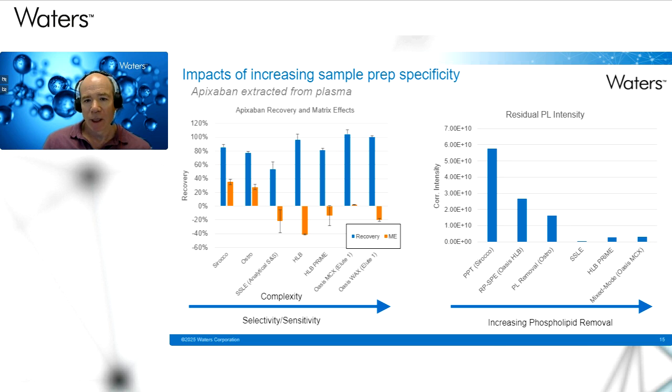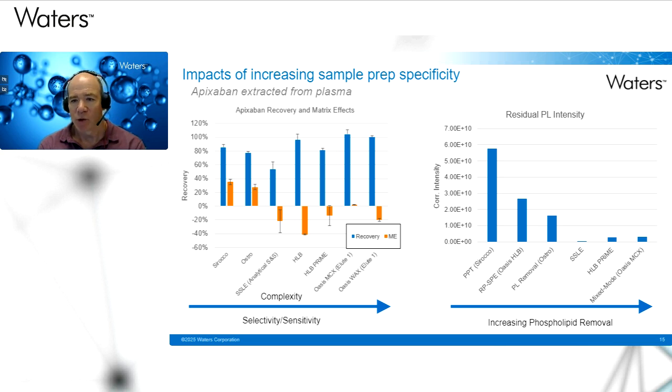On the right-hand side, we're looking at one specific indicator, especially for plasma and whole blood, of residual phospholipids. As I mentioned, those can dirty up your column or mass spec or cause ion suppression of certain analytes. We see that simple things like protein precipitation, or even reverse phase solid phase extractions, still have some significant residual phospholipids.